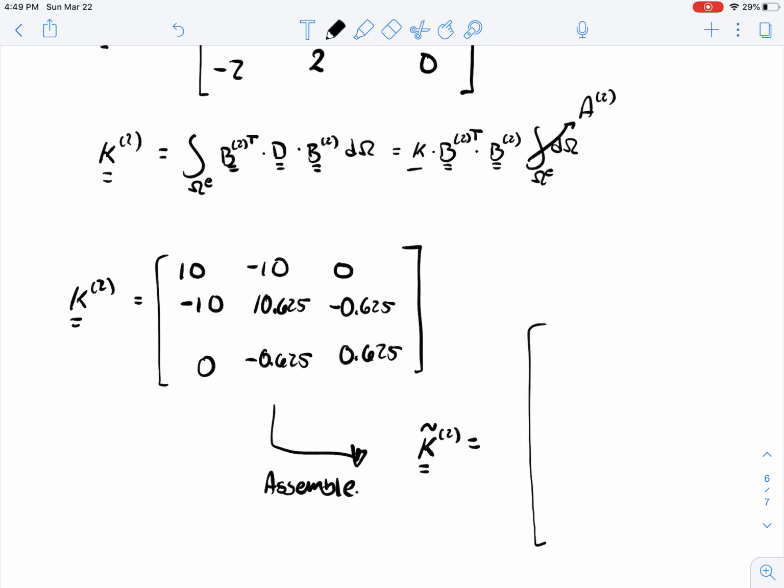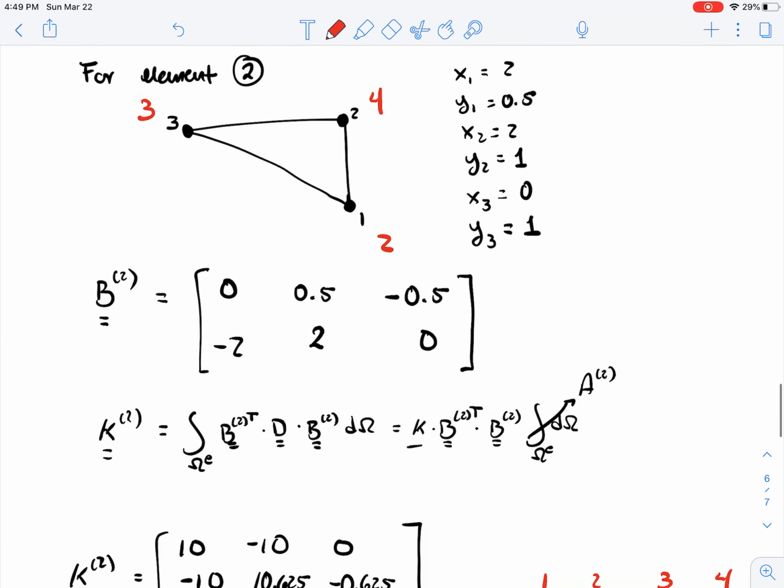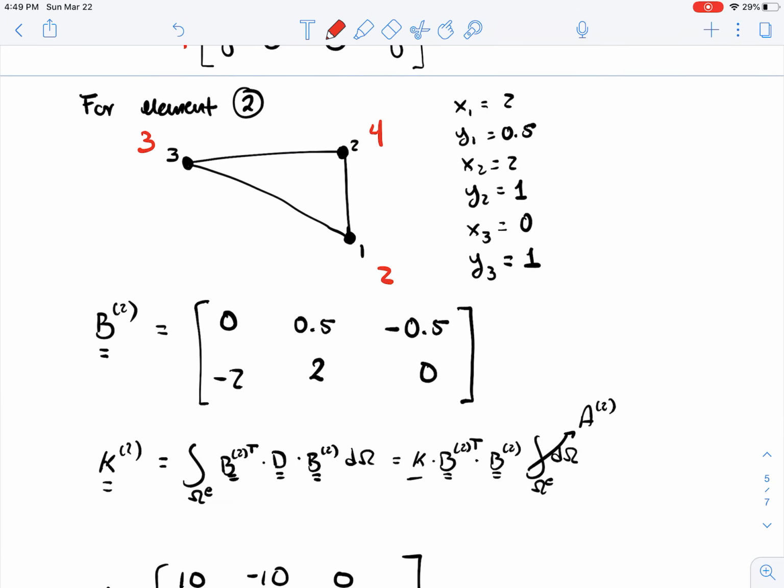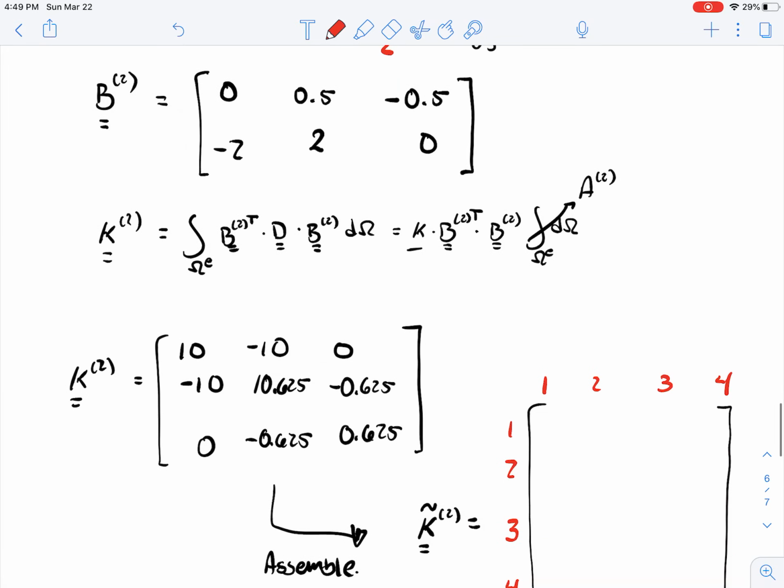Because this is the contribution to the global stiffness matrix, it is going to be size total number of nodes, so 4 times total number of nodes. Here I need to write the global node numbers, and you'll see that in this case they are not the same as for the first element. So what I have right here is 2, 4, and 3.